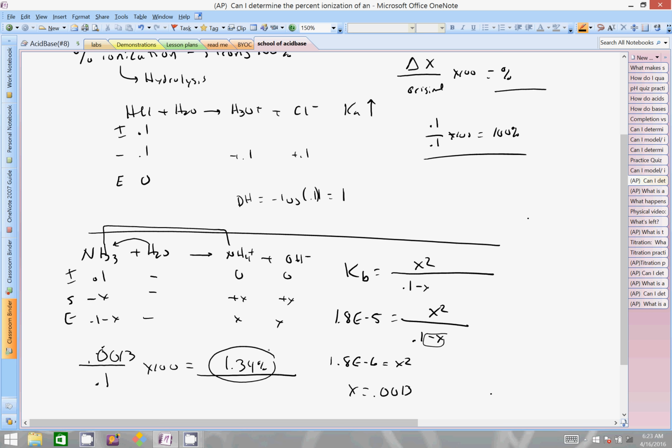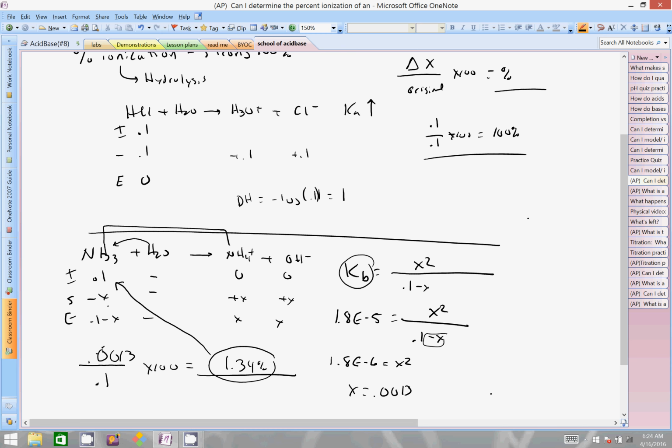So in this case, why don't we just go with a 1.3% ionization as opposed to having all this Ka and Kb nonsense. The reason for that is because this Kb will stay constant regardless of the concentration of my initial substance. But if I were to drop this to 0.01 or 0.001, this percent is only for that concentration, and it will change as I change that concentration. So it's not holding constant all the way along.